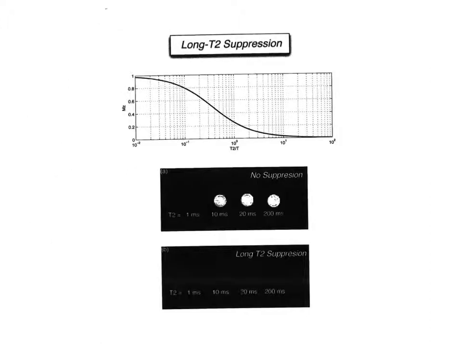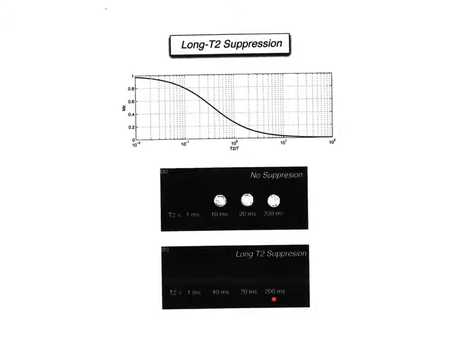Here's a plot of Mz amplitude versus the ratio T2 over T. You can see that when the ratio is 1, we have about a 70% or better suppression, almost 80% suppression. These are some images.